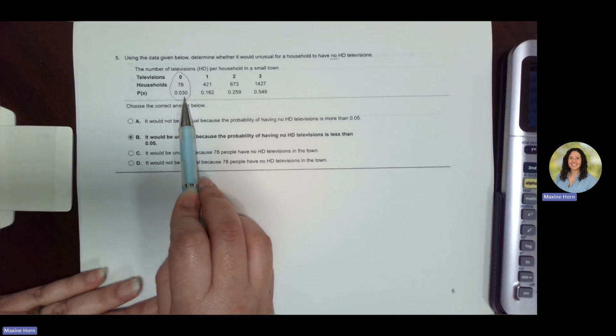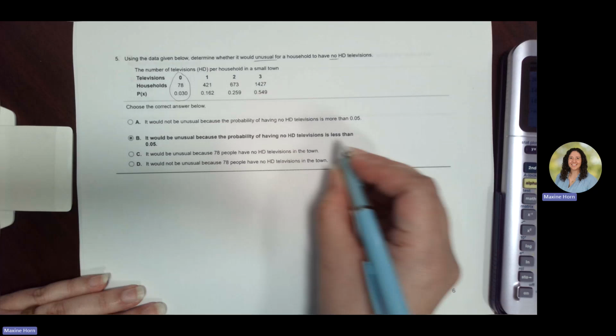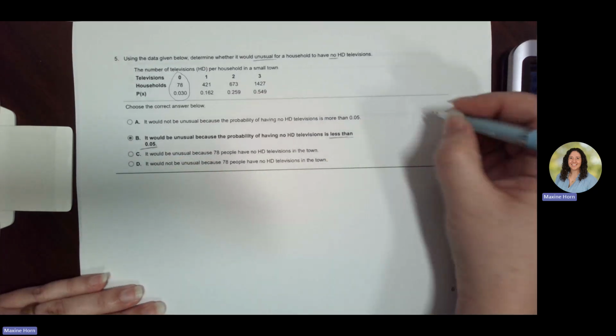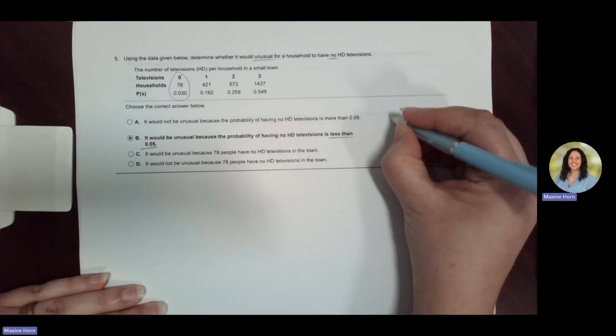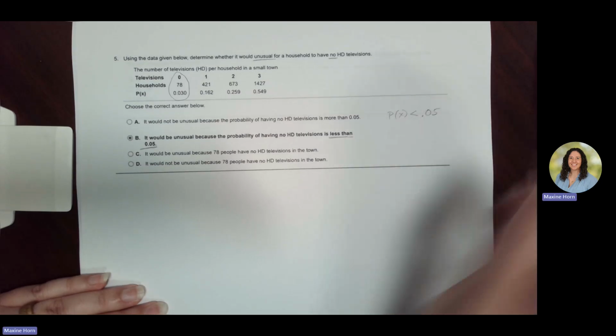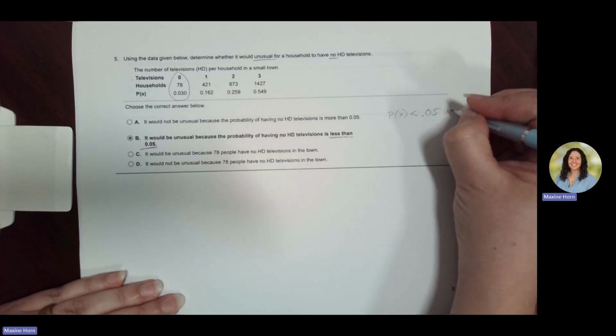So we've talked about in previous chapters that we have specific thresholds for unusual. And in the context of this chapter, it's less than 5%. Yeah, here they have it right here. Less than 5%. So if your probability is less than 5%, then you are unusual.